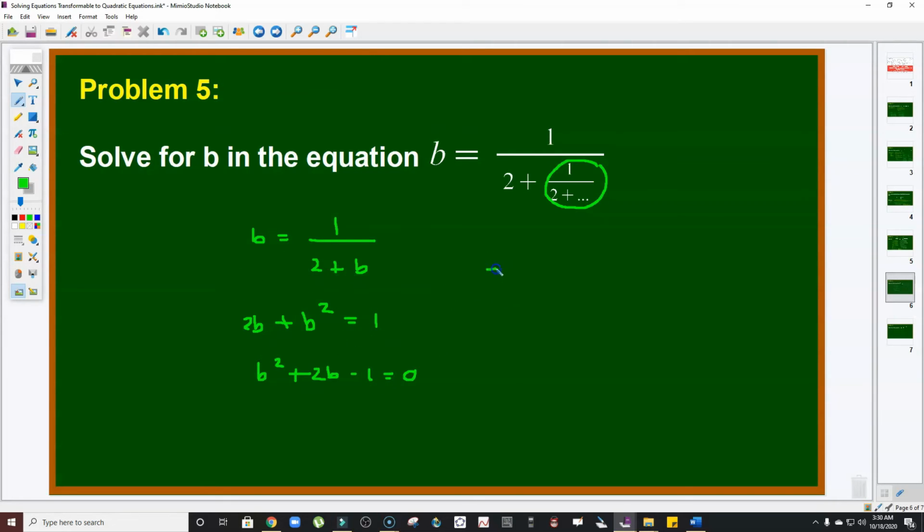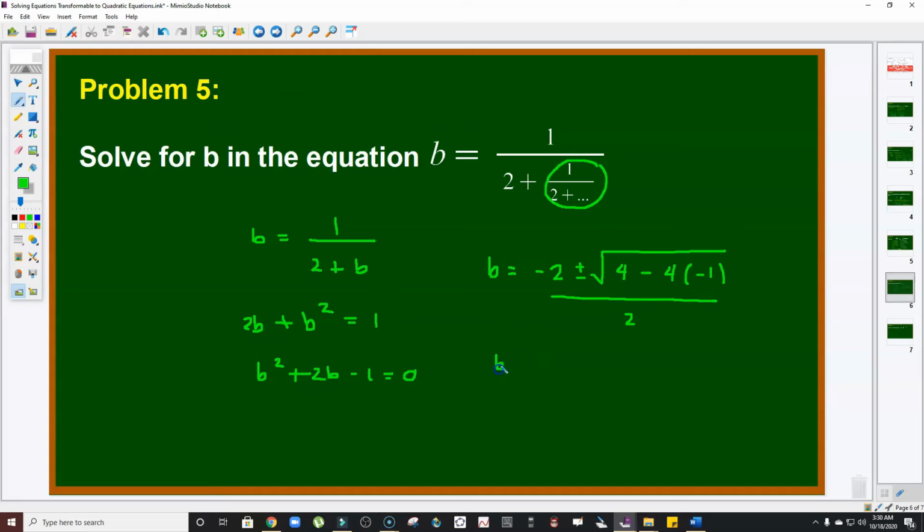So, that is, B equals, using the quadratic formula, negative 2 plus minus the square root of B squared, okay, that's 2 squared, minus 4A, my A is 1, my C is negative 1. See that? All over 2A. My A is 1.